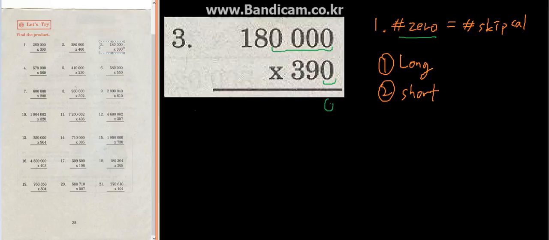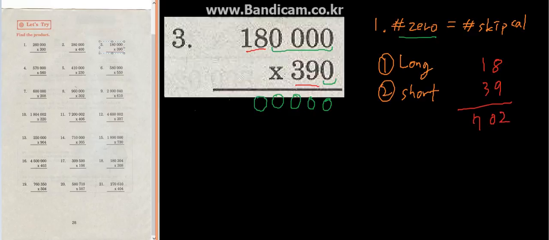So here, there's nothing before the zero. So at the very beginning, you can just write down 5 zeros. Then you multiply these two numbers, 18 and 39. If you multiply 18 and 39, that would be 702, right?